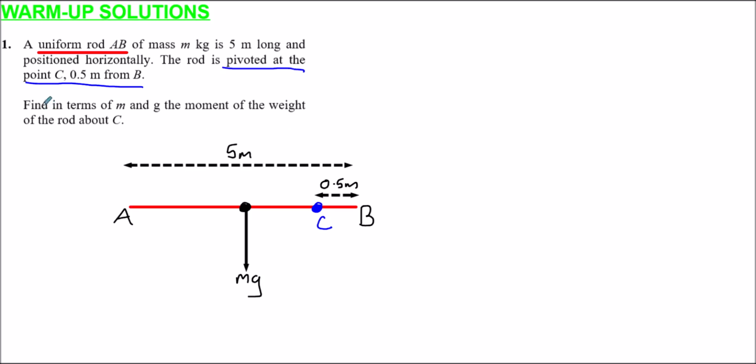It next asks us to find in terms of m and g the moment of the weight of the rod, this mg, about C. So moment about C, we can now go ahead and calculate it.